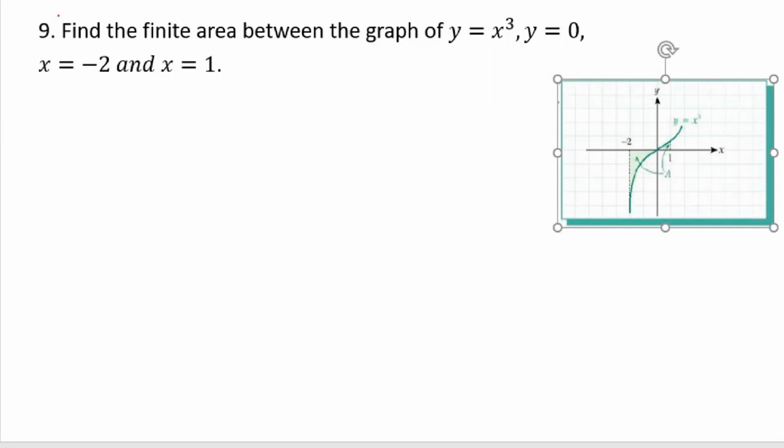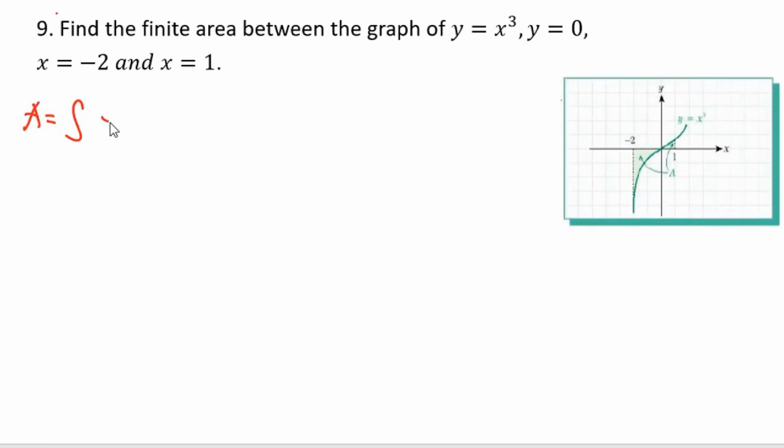So, writing the area of this problem, we could say that the area is equal to the integral of x cubed dx.